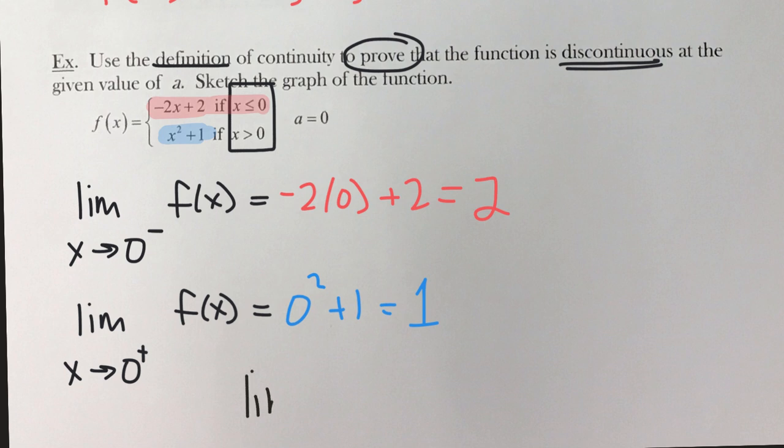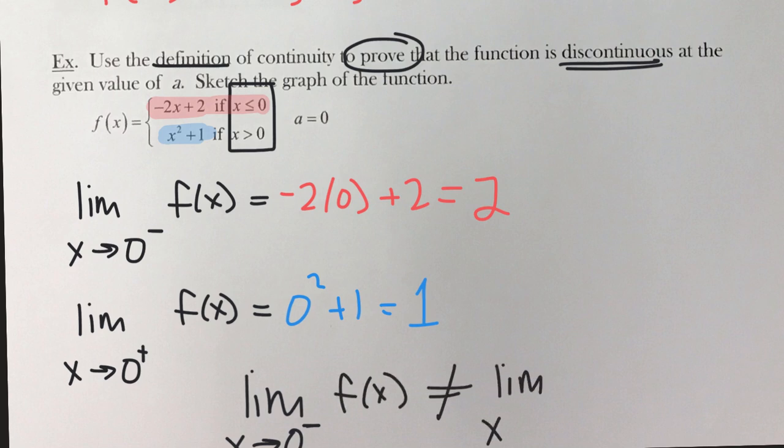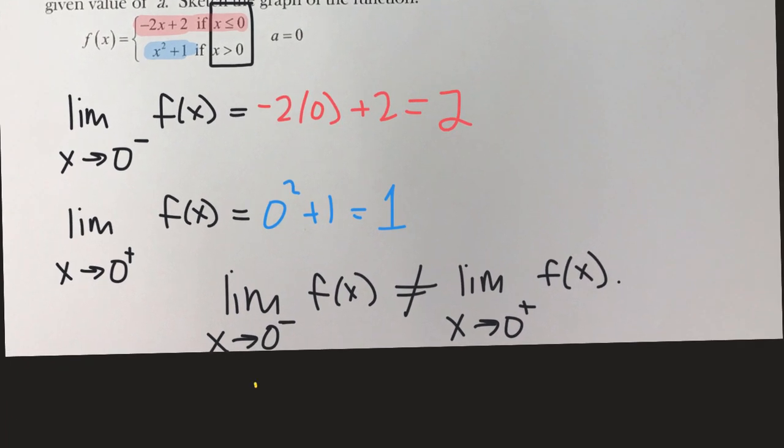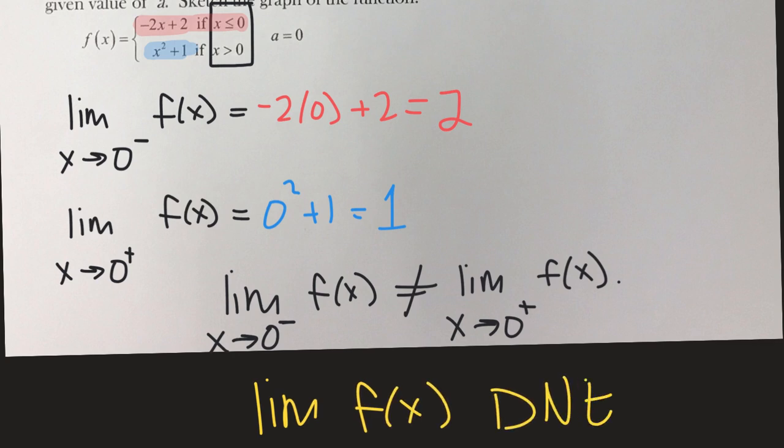No. The limit as x approaches 0 from the left does not equal the limit as x approaches 0 from the right. Okay, that's our definition of a limit: the left side and the right side both approach the same value. So that means that the limit as x approaches 0 does not exist.